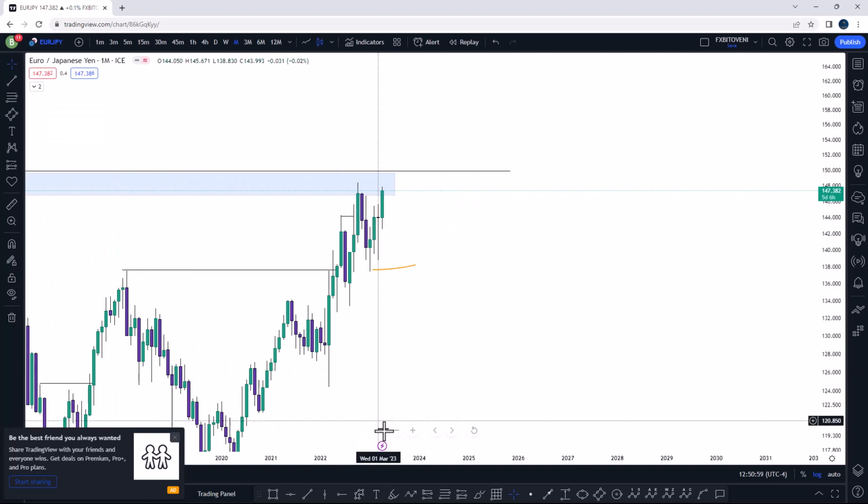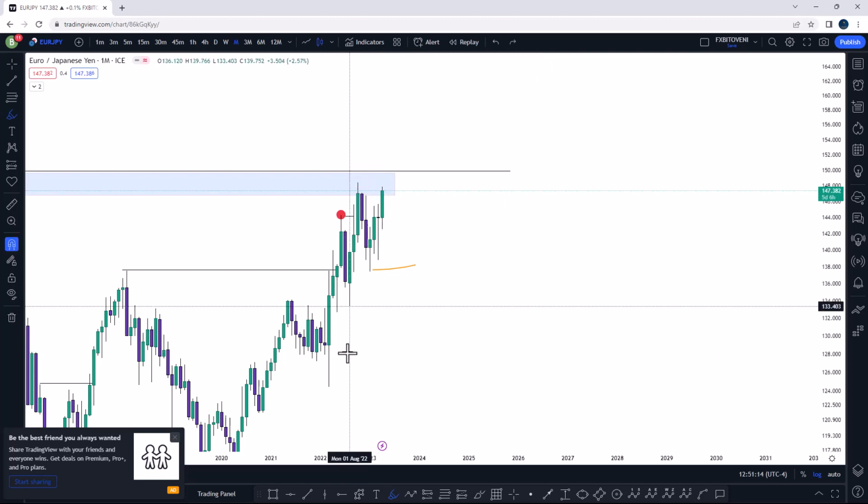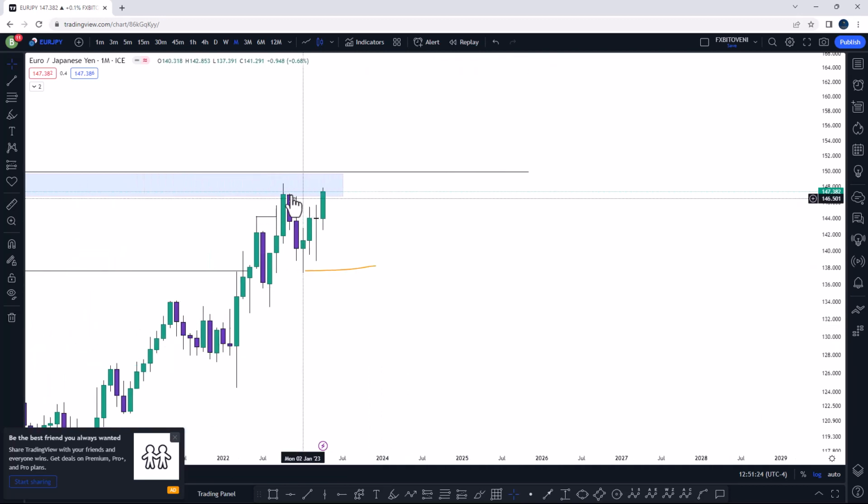Our job is this high, this low, and this high, this low. So we are pushing higher to target this high. So where is the current target? After this break of structure we have here, we got a pullback.